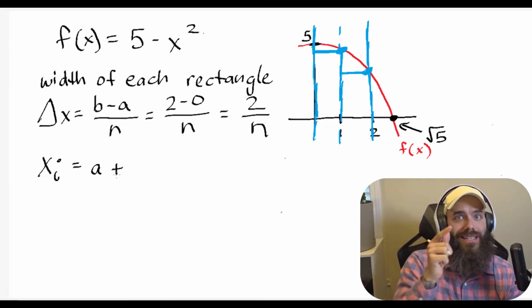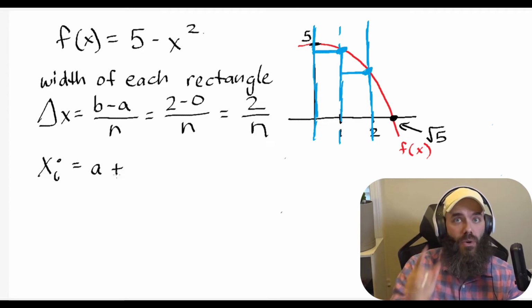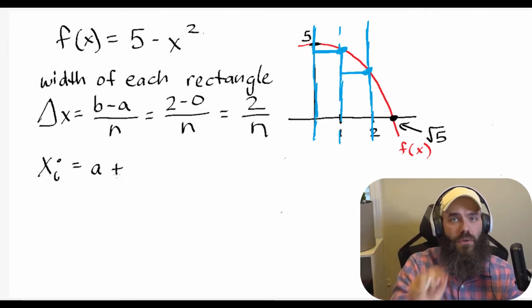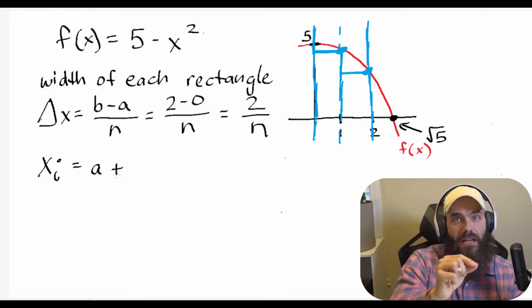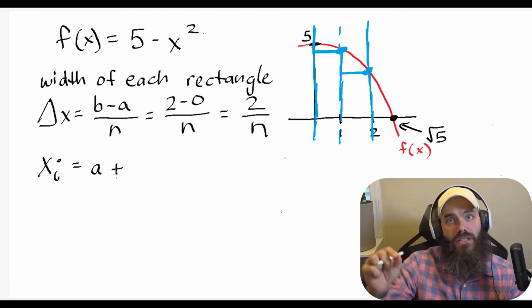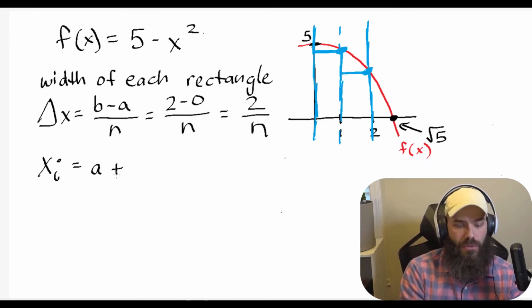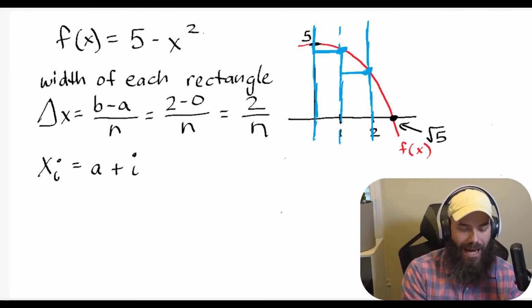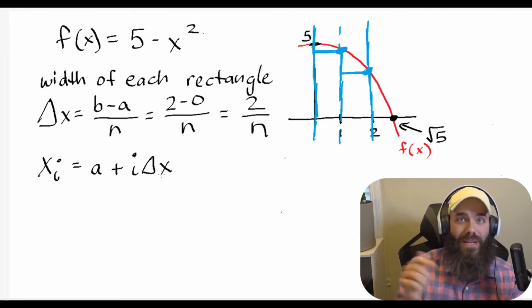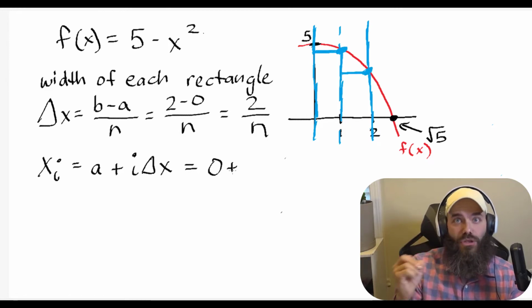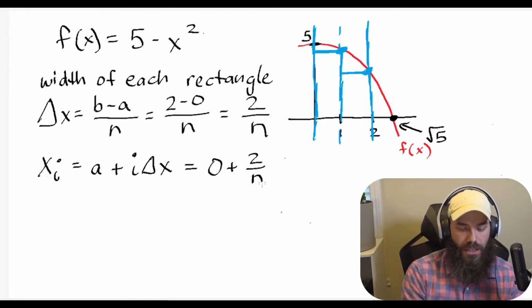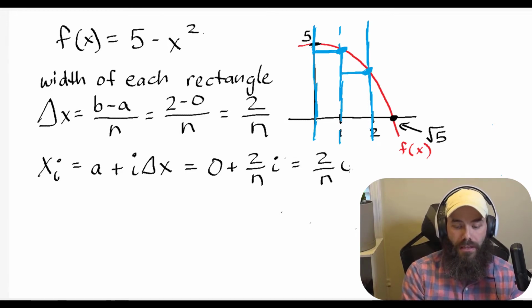Therefore, to get the right endpoint of the first interval, I'm going to take the beginning of my interval, 0, and add an increment of the change in x, which is 2 over n. So in general, it's going to be a plus i times delta x. In our example, because our a value is 0, it's going to be 0 plus i times 2 over n, or 2 over n times i. To keep things simple, we'll just keep that written as 2 over n i.